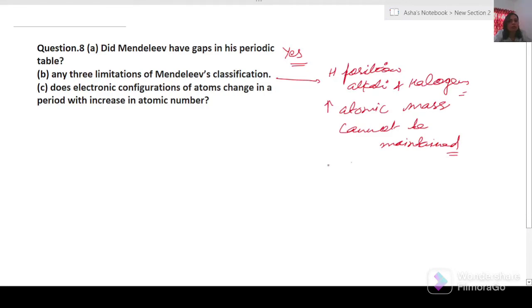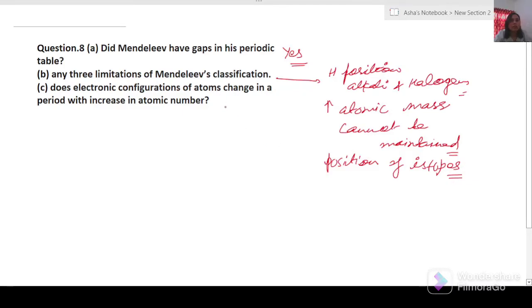And yes, position of isotopes, because his periodic table is based upon the increasing order of atomic masses, and isotopes show variation in their atomic masses although they belong to the same element. So there was no place to adjust them.